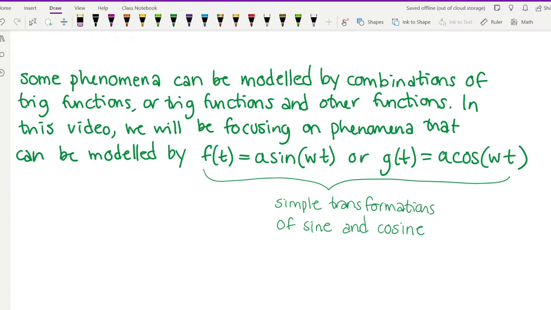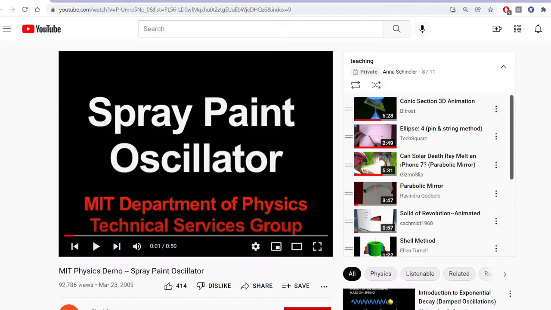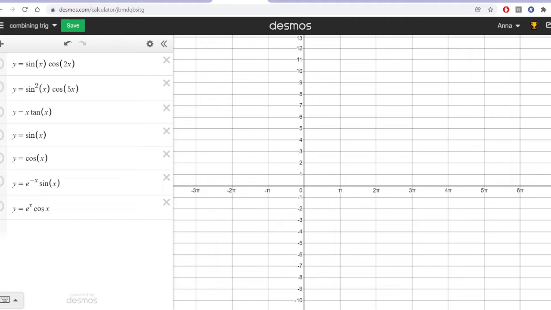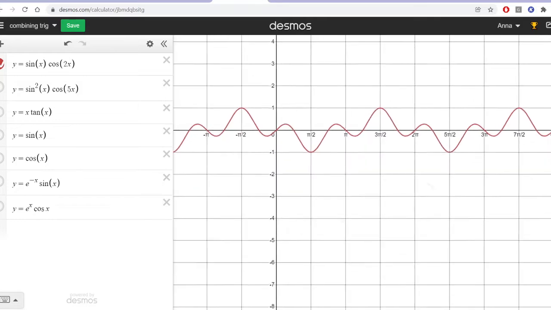I do want to briefly show you on Desmos what I mean when I say combinations of trig functions, or trig functions and other functions. So let me give you a quick visual on that. For example, if I take sine of x and multiply that with cosine of 2x, that would give me a graph that looks like this.